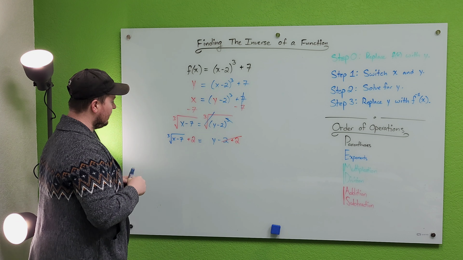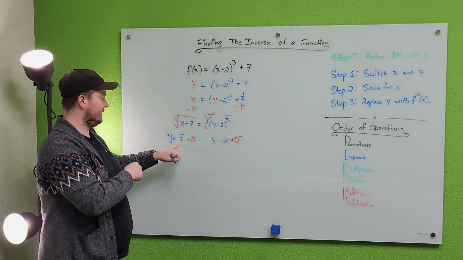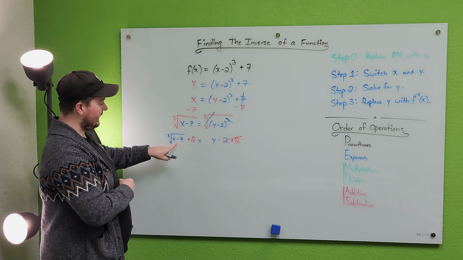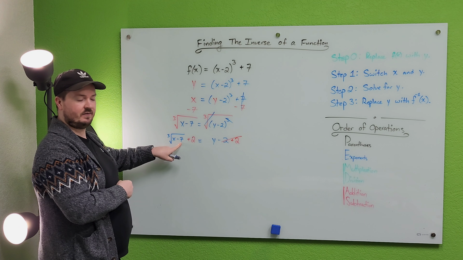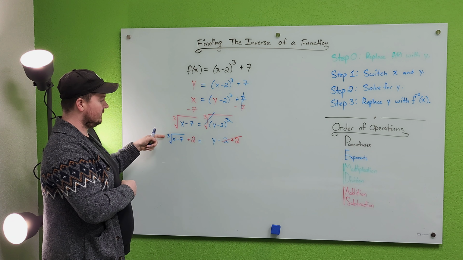Now I want to point out really fast that we are adding 2 to this side, but this 2 cannot suddenly go inside this root. That's a mistake many people make, where when they add 2, they try to add 2 to the 7, but notice that this 7 is inside a root.